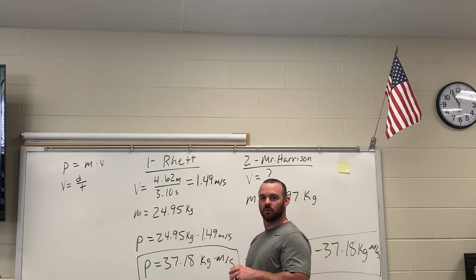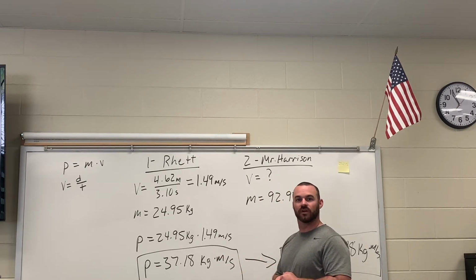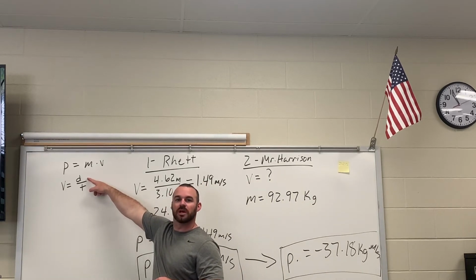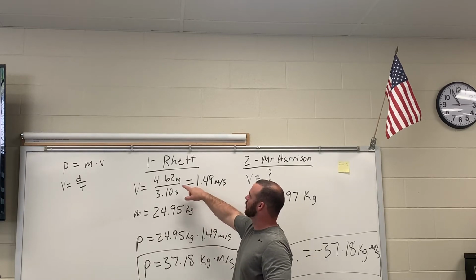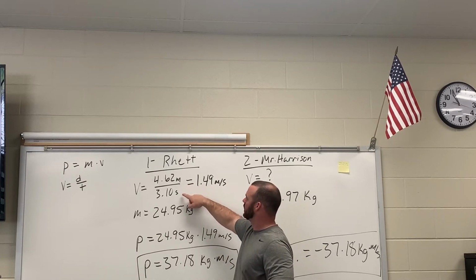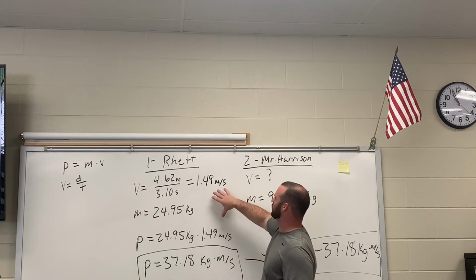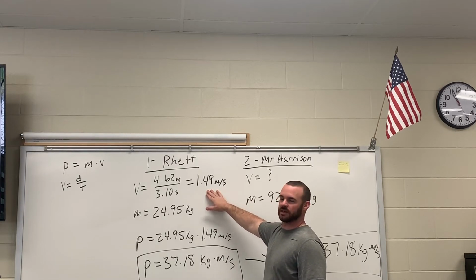So I went back and watched the video and I did some calculations so we could figure out what Rhett's velocity was. So if you remember, velocity is distance or displacement divided by time. So I went back and figured out that Rhett moved 4.62 meters in 3.10 seconds. So whenever I put that in my calculator, that brought his velocity to 1.49 meters per second.